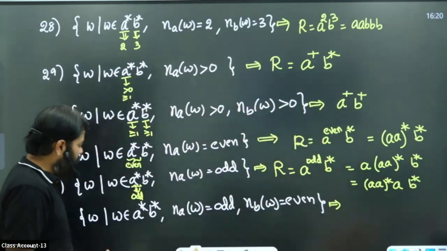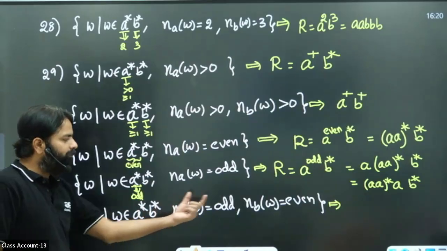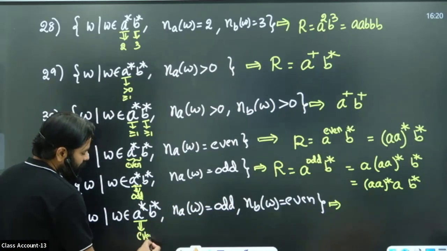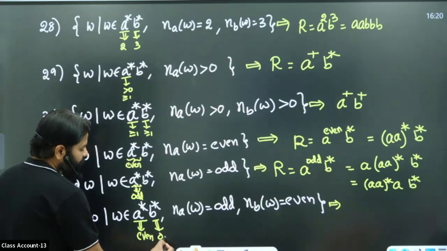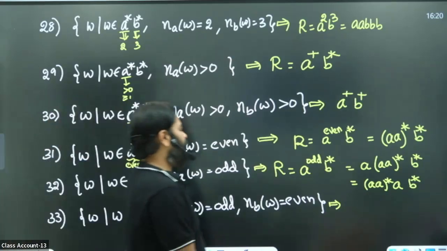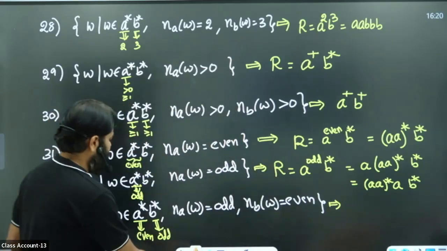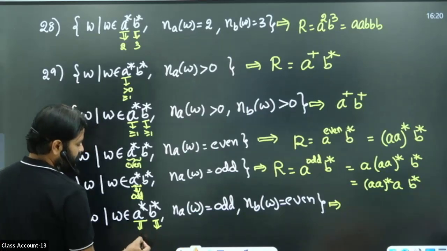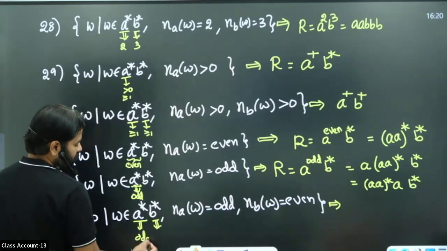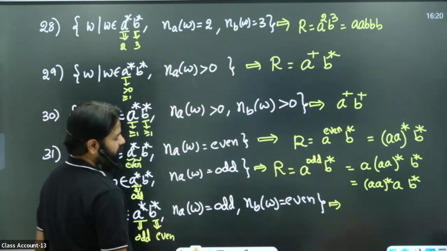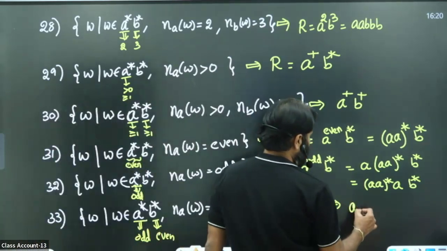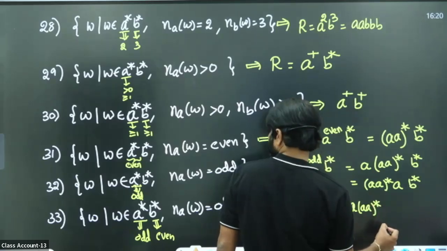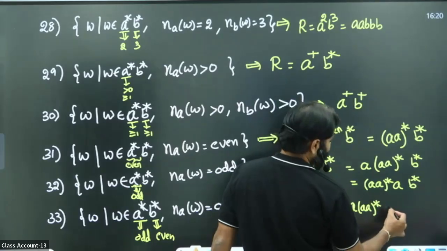The last one, number of A's is odd, but B's must be even. So how do you guarantee A's are odd and B's are even? A is odd: A followed by double A whole star. Then followed by even.